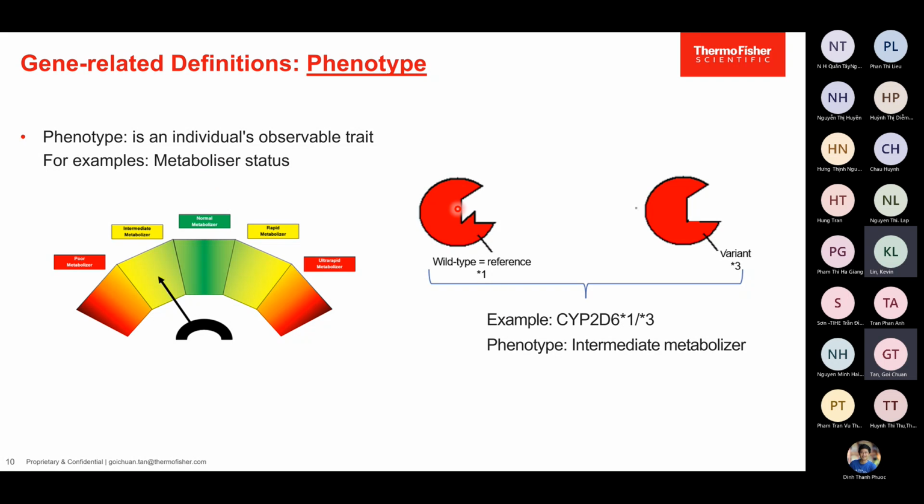Reference means your reference wild type, no mutations, so the protein structure is normal and everything functions normally. *3 means there is some mutation or variant, which leads to a change of the amino acid and of the protein structure.